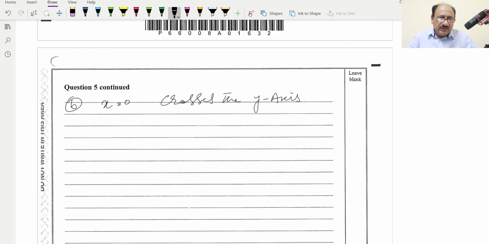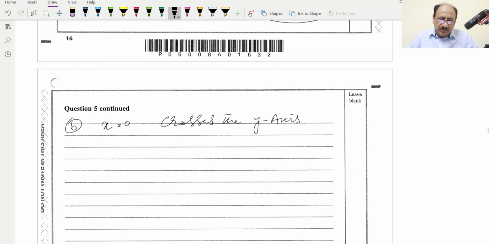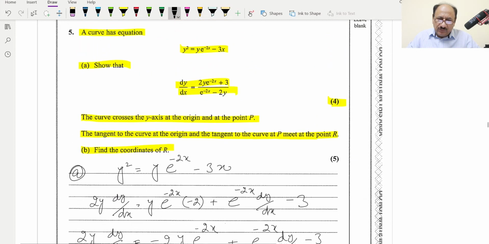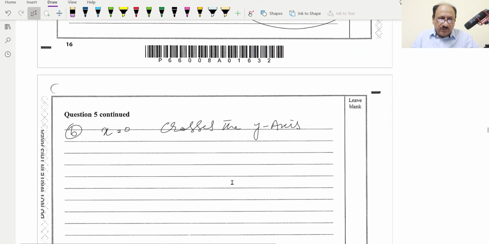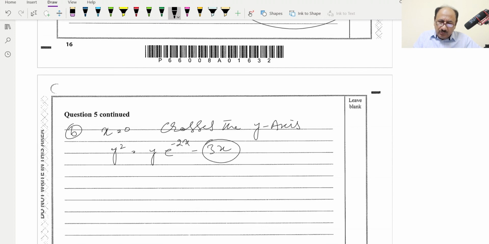Our curve equation is this one, y square is equal to y e raised to minus 2x minus 3. So we can take that same equation, and x is equal to 0. So this part will be 0 and this part will be 1 because e raised to 0 will be 1.